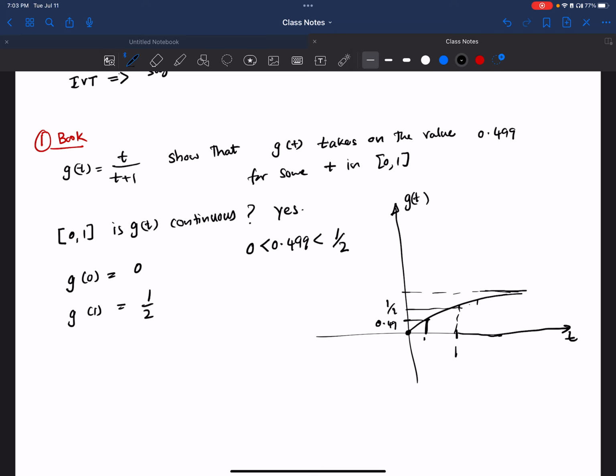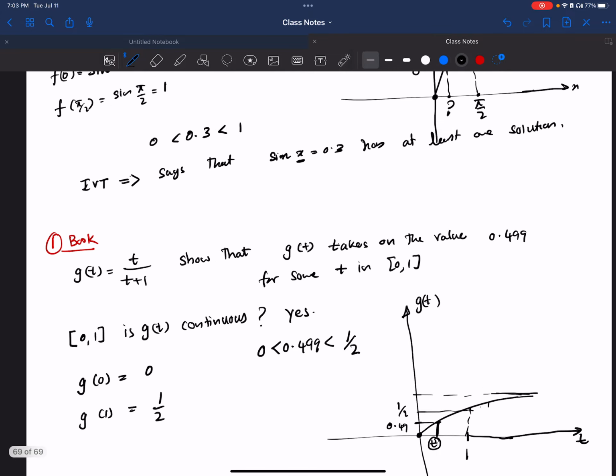That's what it says. So yes, 0.499 takes on a value for some t. That t we can find later, right? So that's how you solve some of these problems.